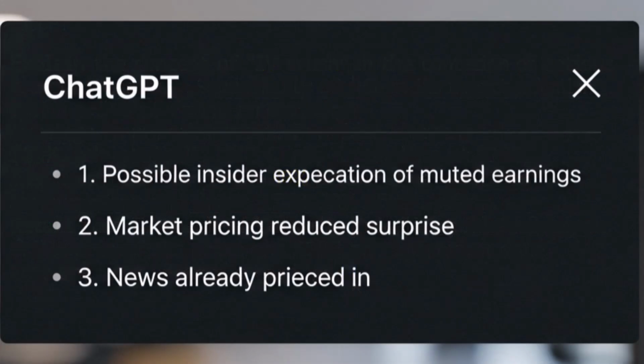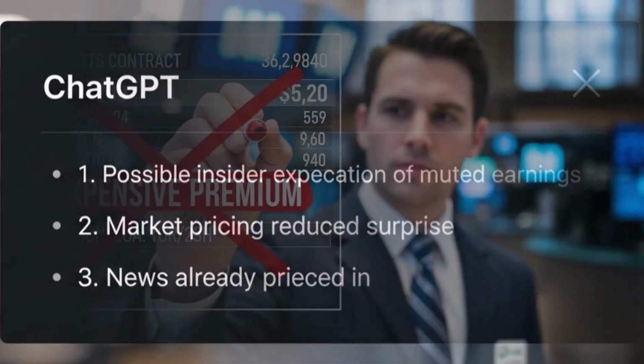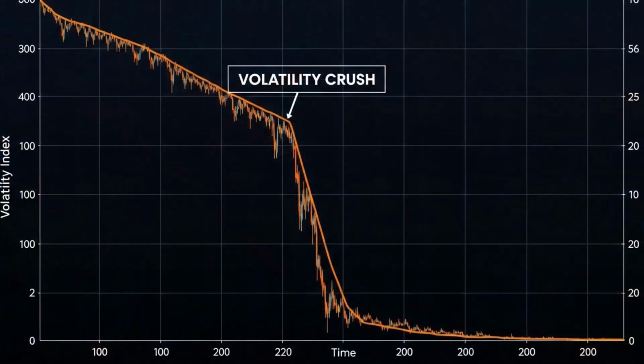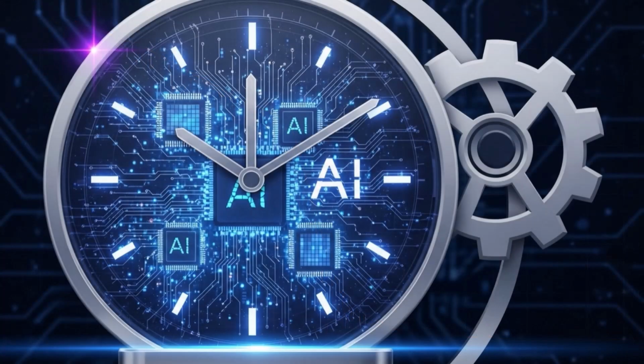ChatGPT responded with the possibility of a leak or insider expectation of muted earnings, market pricing in reduced surprise due to guidance, and recent news or updates already baked in. Armed with that insight, the trader avoided buying expensive premium and even positioned for a volatility crush. The result? A smart play, informed by AI in seconds.